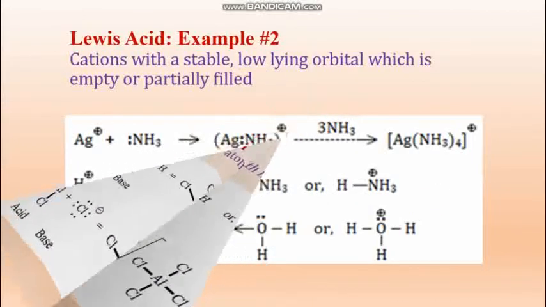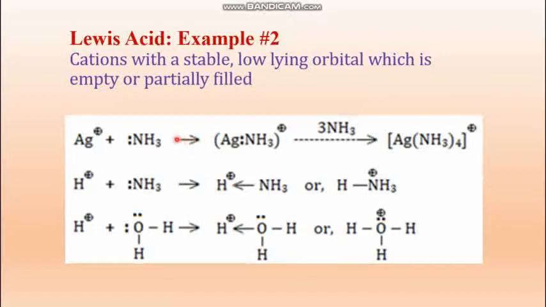In the second example, the cations have suitable low-lying orbitals, which are empty or partially filled. So the cations are Lewis acids which have stable low-lying orbitals. Silver ion had a 5s1 configuration, now it is 5s0. Hydrogen had a 1s1 electron, now it is 1s0.